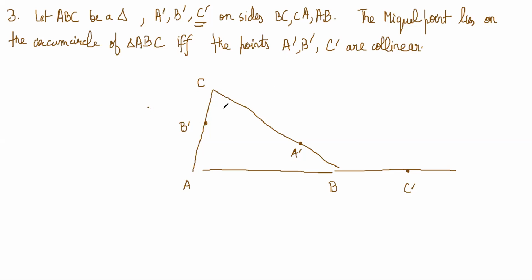Then let's draw roughly the circumcircles. Miquel point lies on the circumcircle of triangle ABC. So let's draw first triangle ABC's circumcircle, which is somewhat like this.